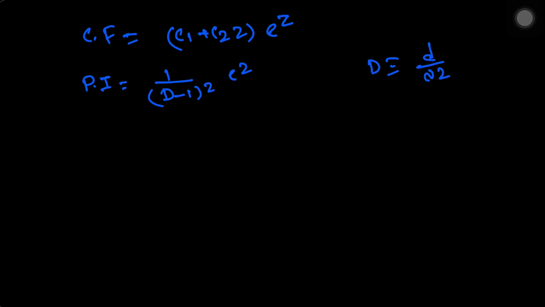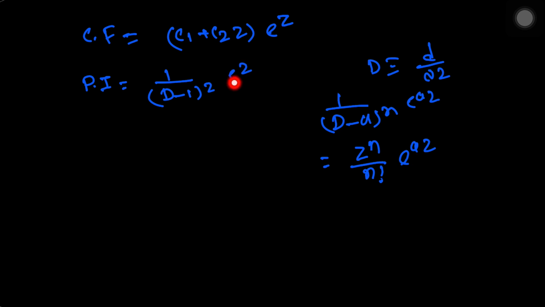Now what we know is that 1/(D - a)^n e^(az) gives z^n/n! times e^(az). Here you can see a is 1 and n is 2. So what we get?